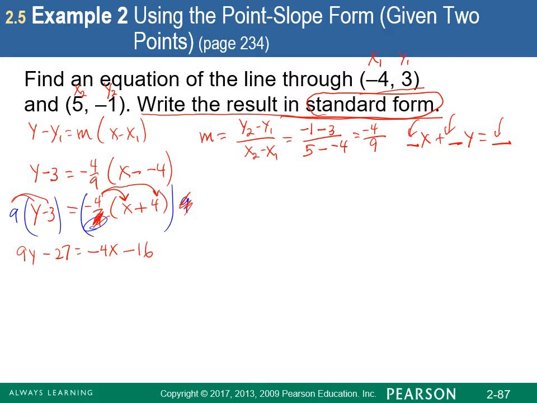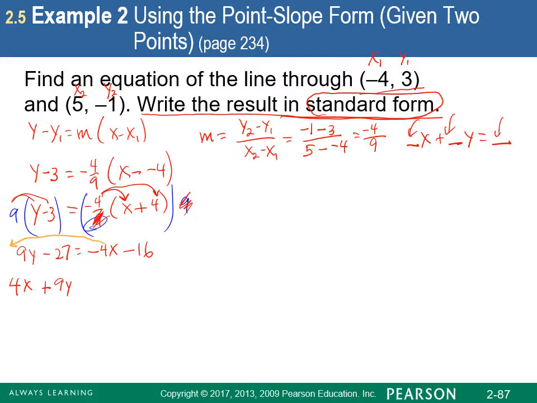And so we need the negative 4x to be on the very front. When we move that over to the left, it would become a positive 4x. The 9y, since there's nothing in front of it, is actually a plus 9y.